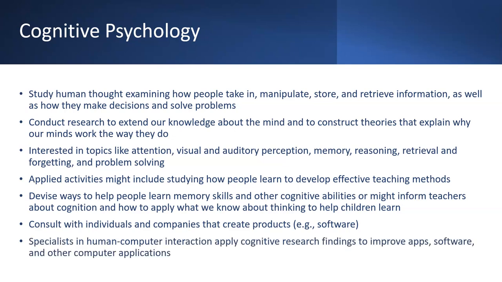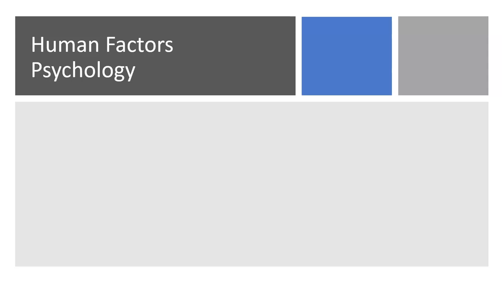There are specialists who are cognitive psychologists who work specifically in the human-computer interaction space, where they're specifically hired to test apps and software and other kinds of computer applications to improve them in terms of their usability and effectiveness.